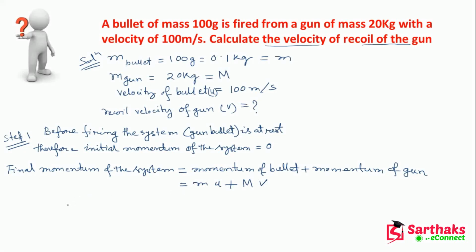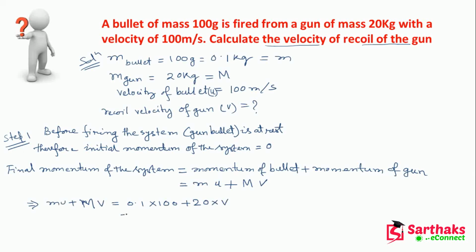So now we can write down m u plus M v, that equals 0.1 into 100 plus 20 into v.